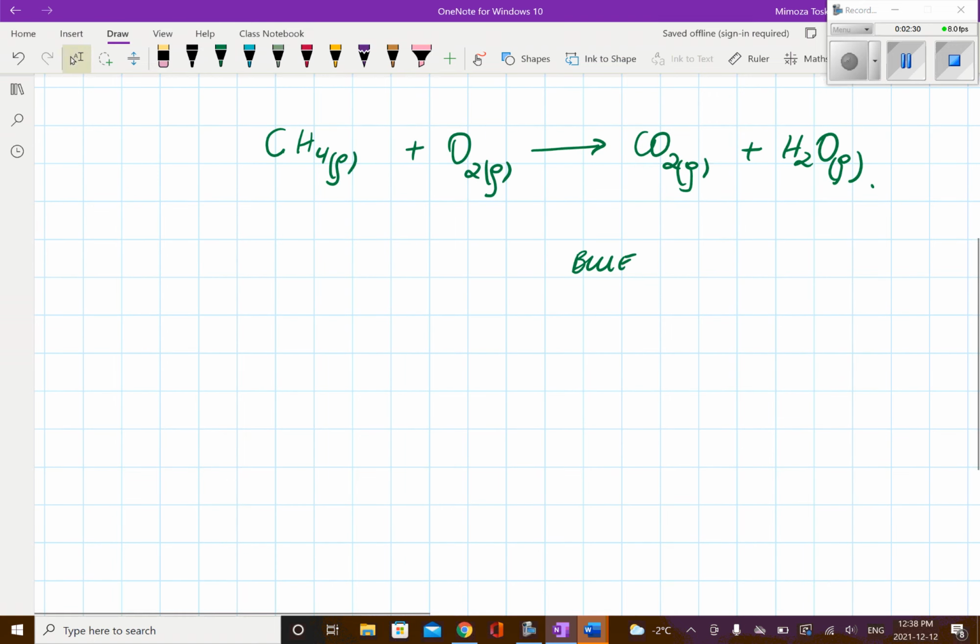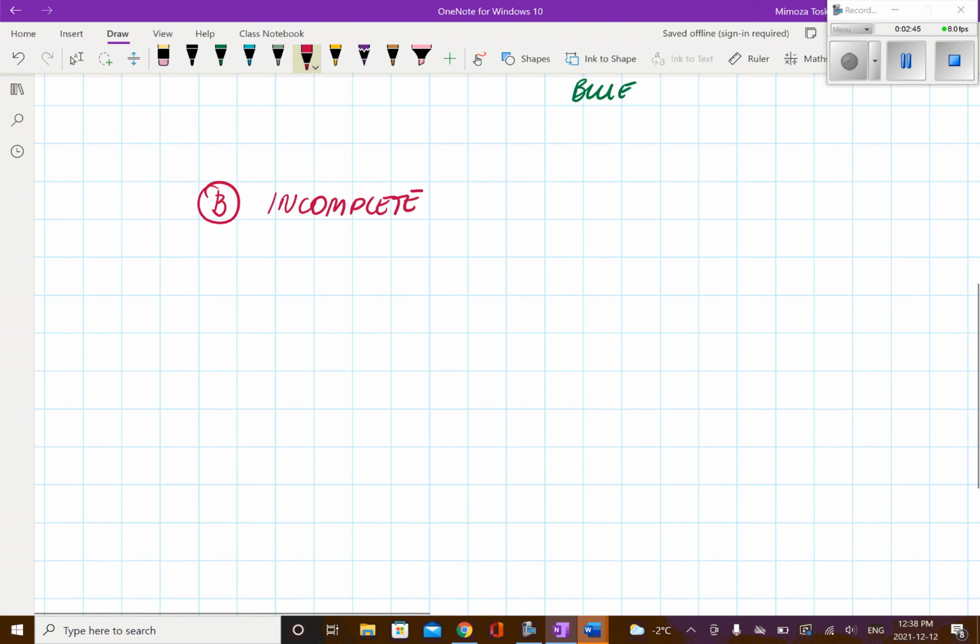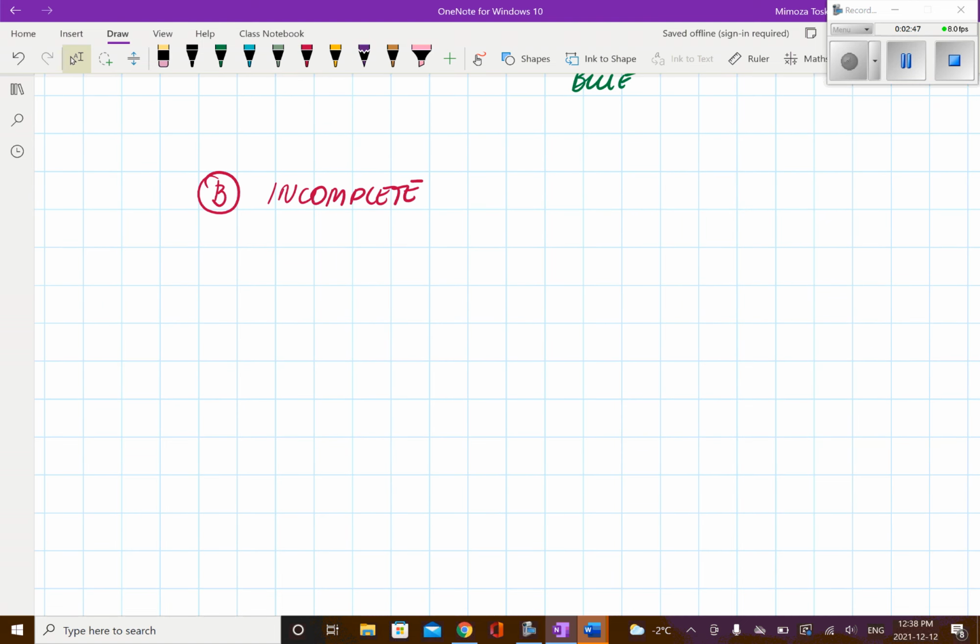On the other hand, the second type of combustion reaction is incomplete combustion, which is still between a hydrocarbon compound and oxygen. But here the oxygen is limited.